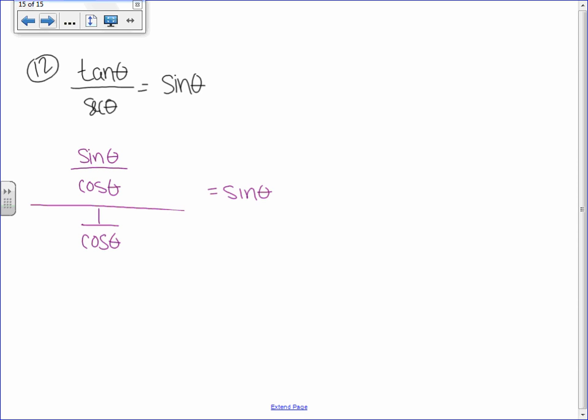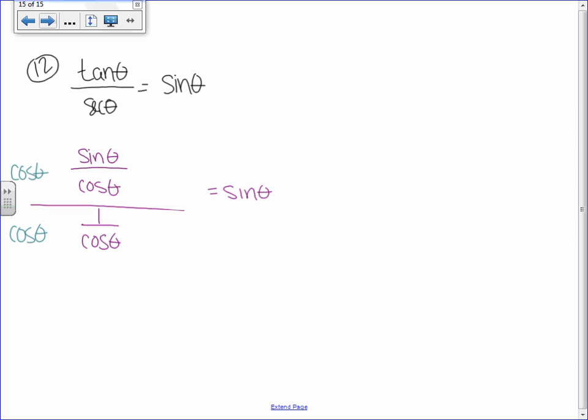Okay, you might think this doesn't really look like we're simplifying anything, but now it's nice because I only have sines and cosines on the left side, and I have baby fractions. All right, and I can get rid of baby fractions by multiplying by the baby denominator. So I'm going to multiply on the left by cosine theta over cosine theta. Okay, and this is okay because I'm only doing it on the left.